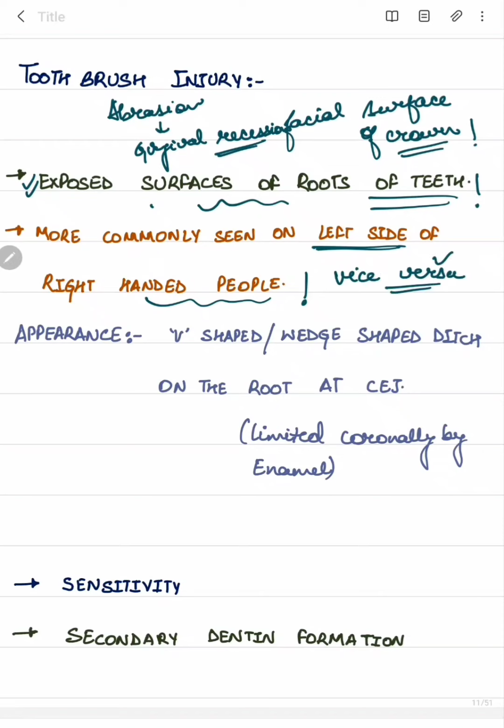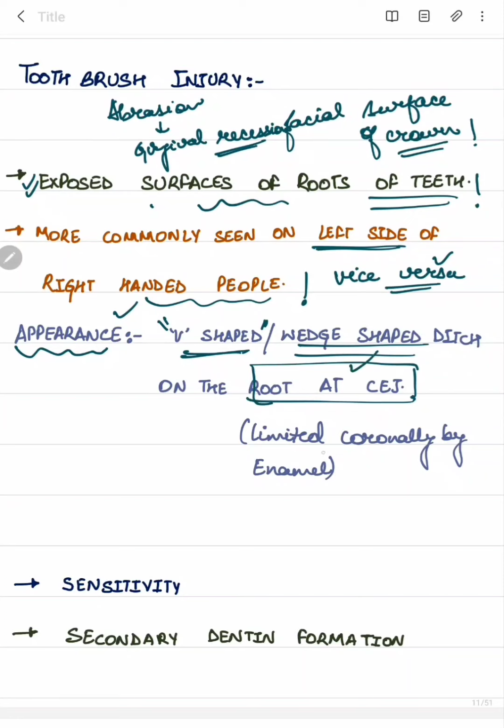So the people who are in the habit of using their right hand for toothbrushing will affect the left side of the teeth, right? And the appearance of the lesion is basically V-shaped or wedge-shaped, which you can see on the root area at the level of CEJ, which is limited coronally by enamel, right?